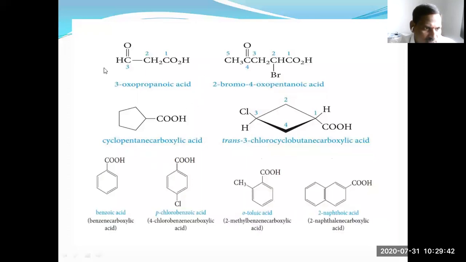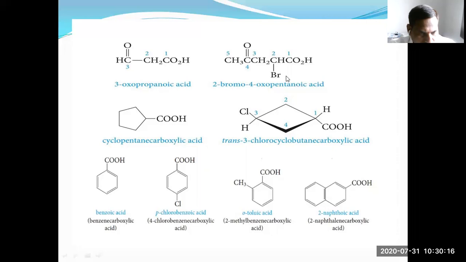See another example here. This has 3 carbons, and the third carbon is attached to oxygen, so this carbon is a carbonyl carbon: 3-oxopropanoic acid. In this case, the second carbon is attached to bromine and the fourth carbon is attached to oxygen; the fourth carbon is the carbonyl carbon.